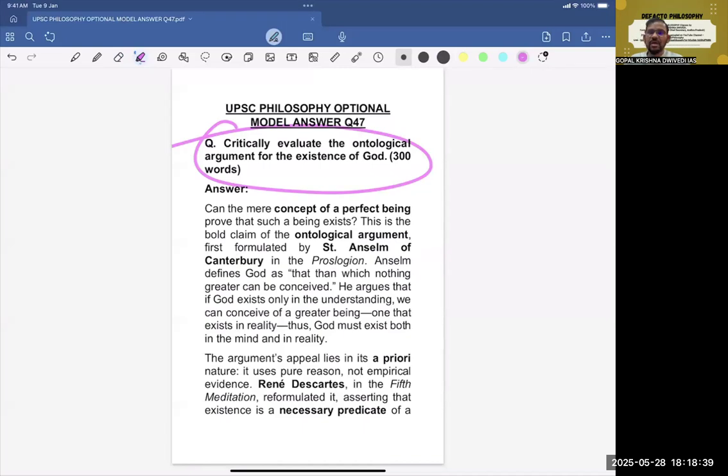Another thing I want to tell you: sometimes starting the answer with some very catchy question or quotation or line may be useful. This may not be possible for all questions, because you may not remember it, and it's not practically possible. But definitely, for some questions you can start with a catchy line which attracts the attention of the examiner immediately.